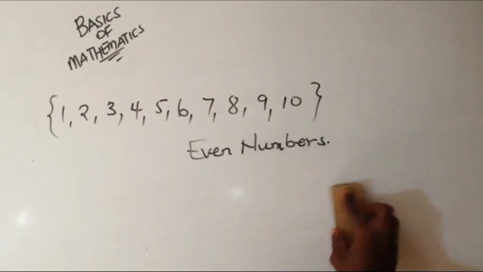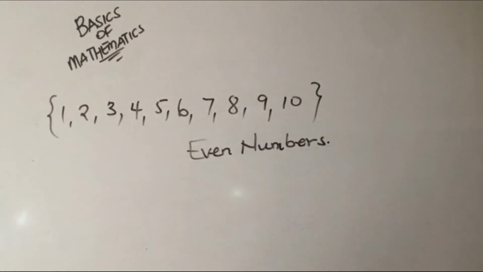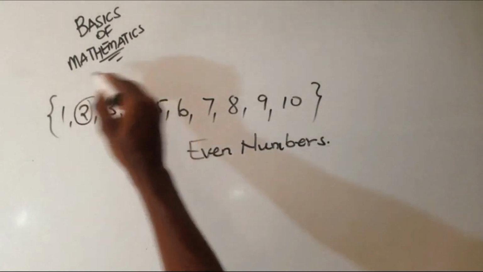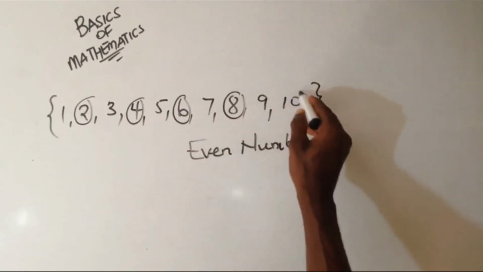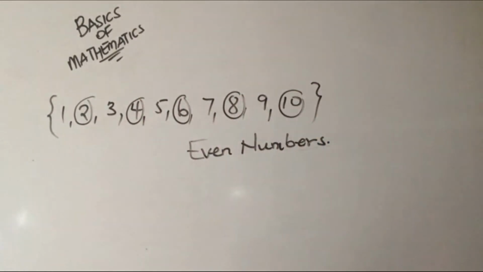You can see that these numbers are even. So from the numbers 1 to 10, we have 2, 4, 6, 8, and 10 as even numbers.